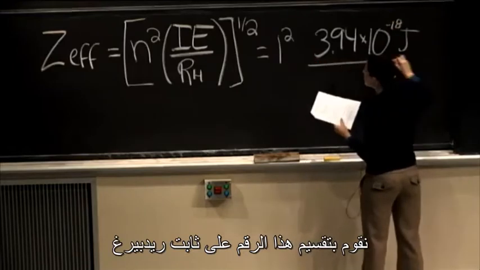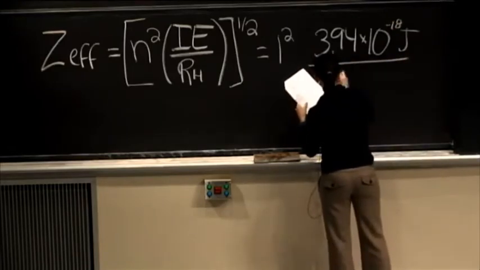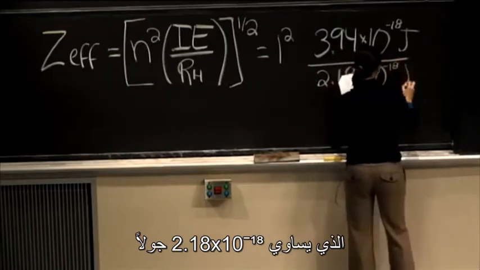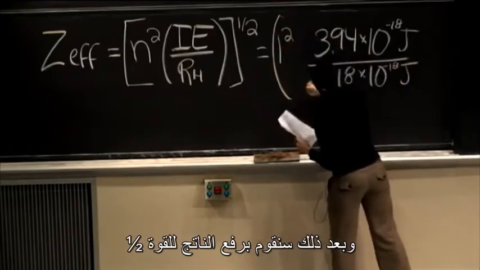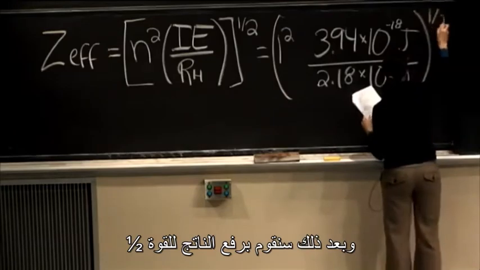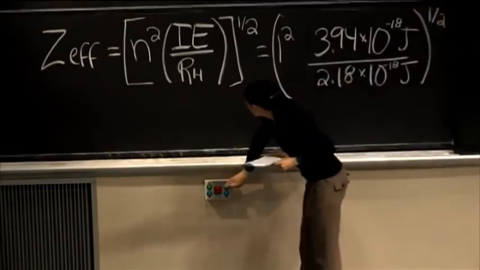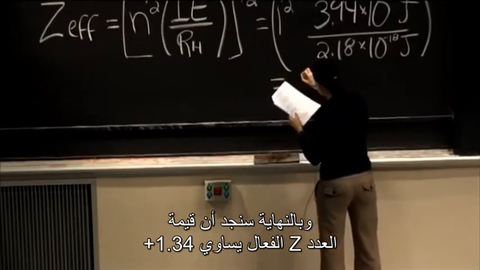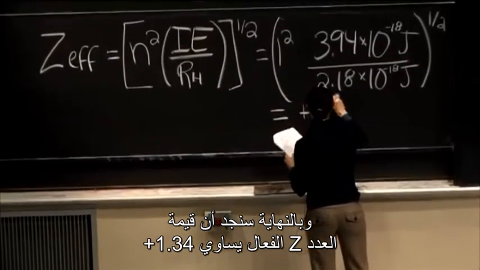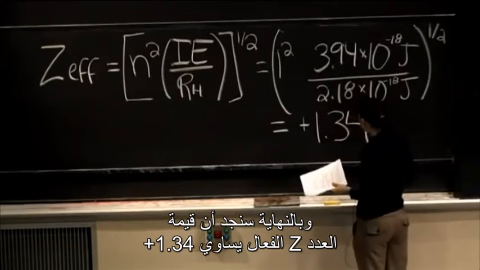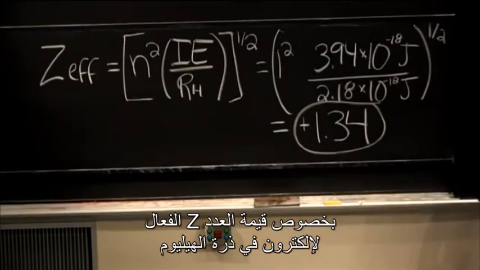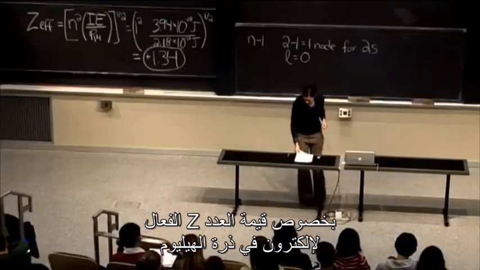We put all of this over the Rydberg constant, which is 2.18 times 10 to the negative 18 joules, and we raise this all to the 1/2. What we end up seeing is that Z effective is equal to positive 1.34. So this is what we find the actual Z effective is for an electron in the helium atom.